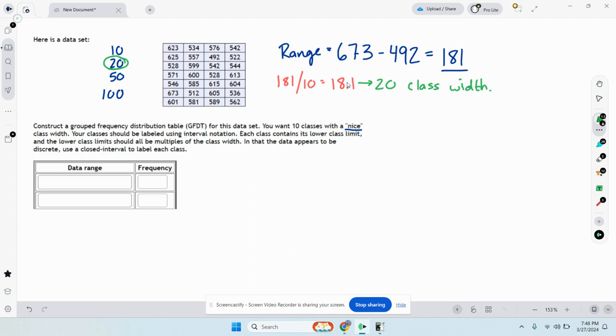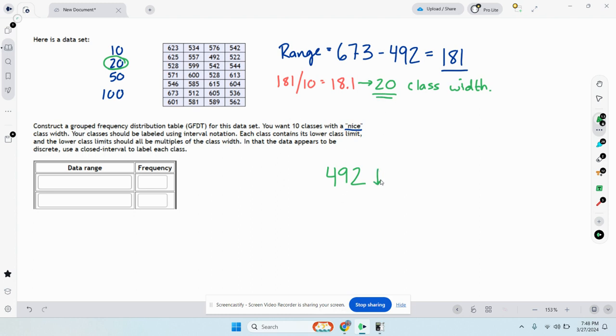So the next thing you have to keep in mind is whatever your class width is, your first interval has to start at a multiple of 20. So to figure out where to start, you're going to take your lowest data value and find the next number below it that's a multiple of 20.